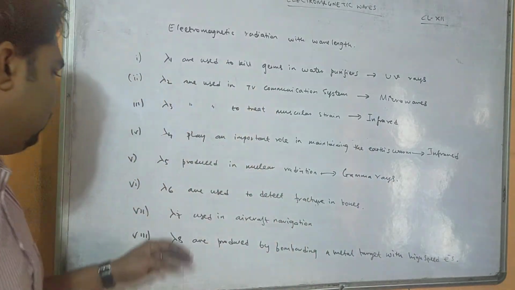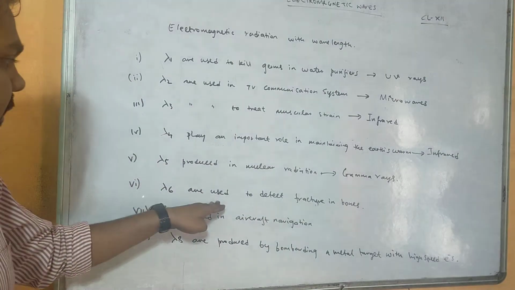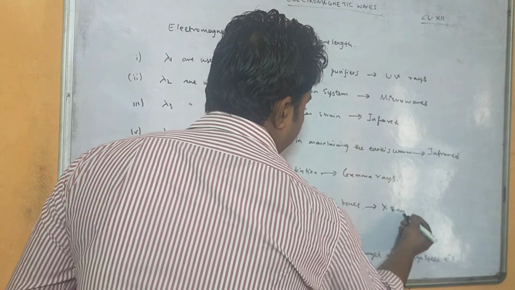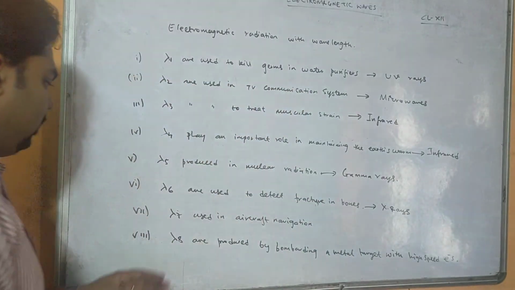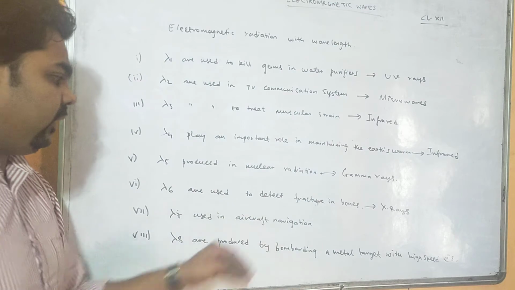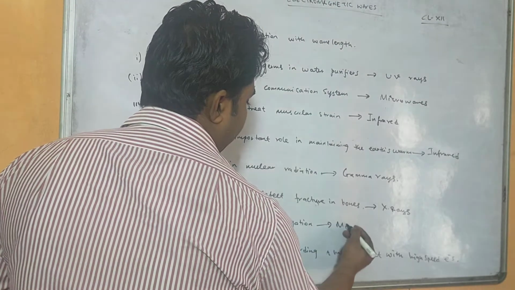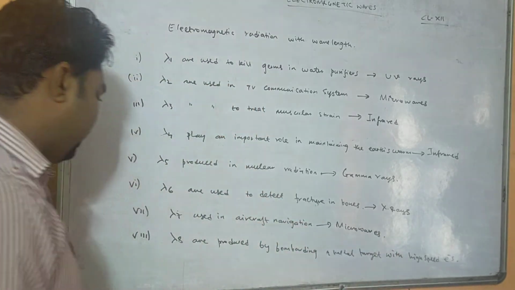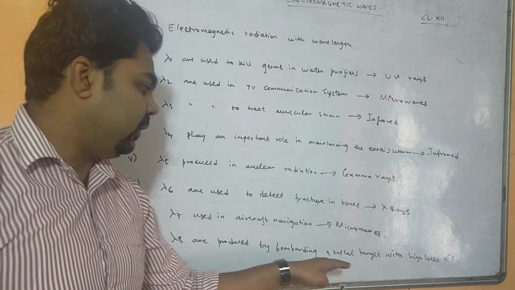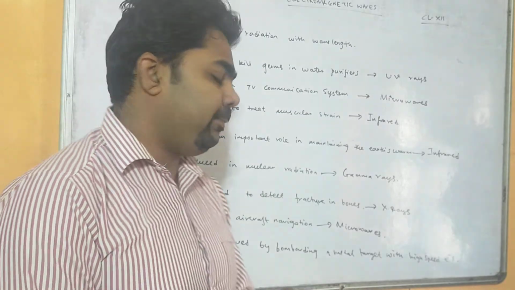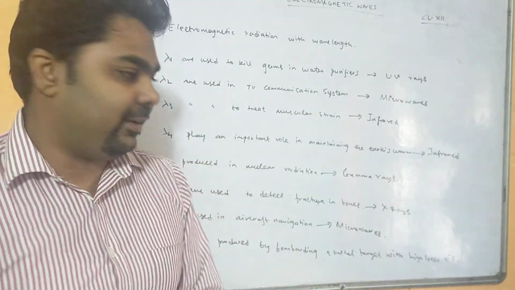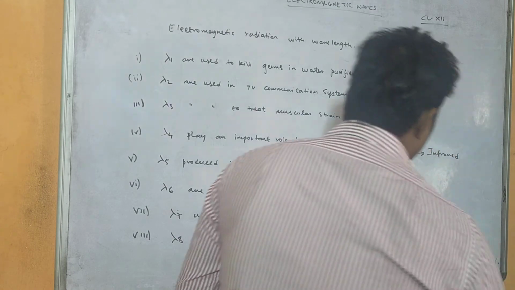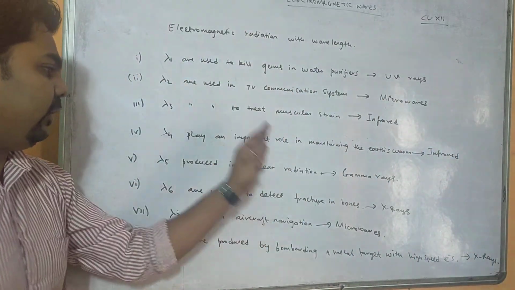Radiation that is used to detect bone structure, X-rays. Radiation used in aircraft navigation, that is microwaves. And the radiation that is produced by bombarding a metal target with high speed electrons, just now we have seen, that is X-rays. Okay, so do remember this one and note it down in your copy.